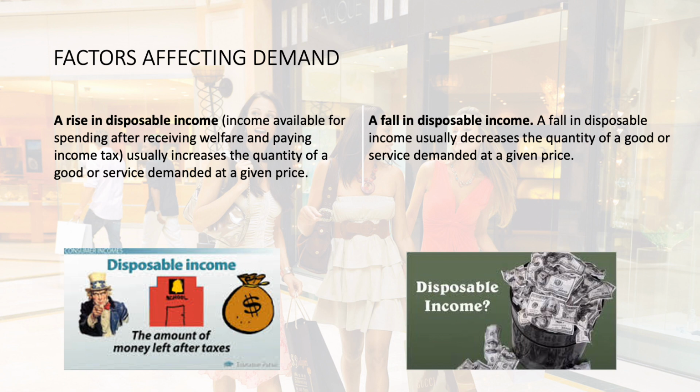If we have a higher amount of disposable income, we'll probably buy more of a product at a given price simply because we have more money to afford that product. The reverse is true. If we have a fall in disposable income, it probably will reduce the amount that we would be willing to purchase at a particular price, given we have less income now.